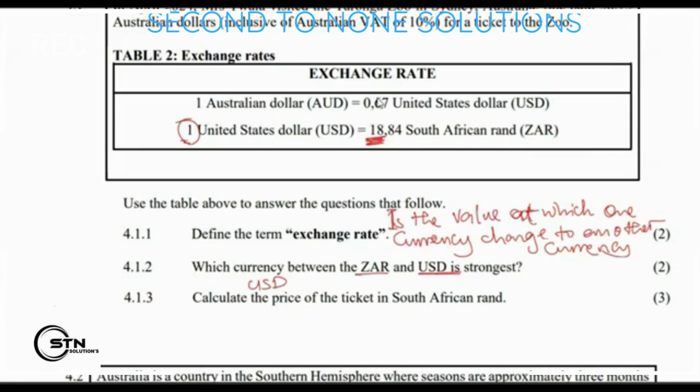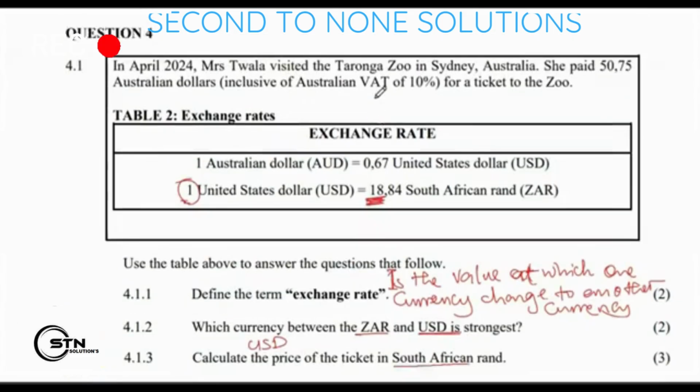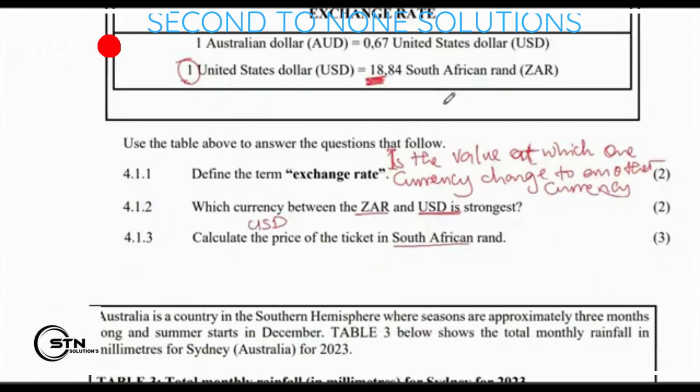Calculate the price of the ticket in South African rands. Remember, the person paid in Australian dollars. We don't have any currency straight from Australian dollars to rands, but we have Australian dollars to US dollars, and then from US dollars to rands.